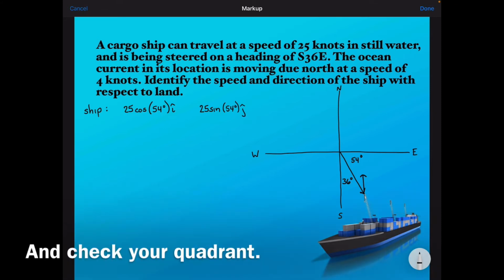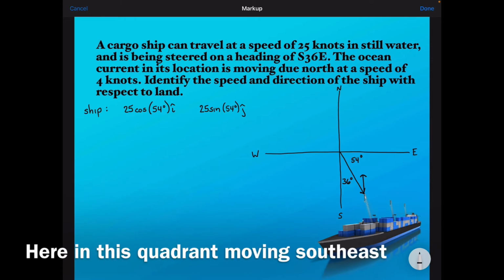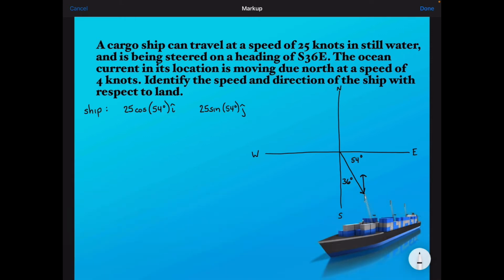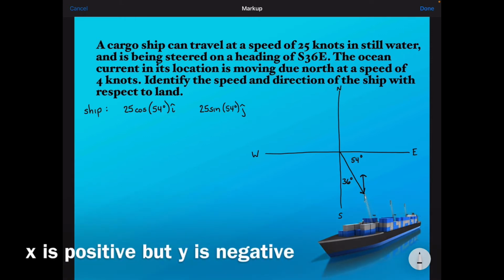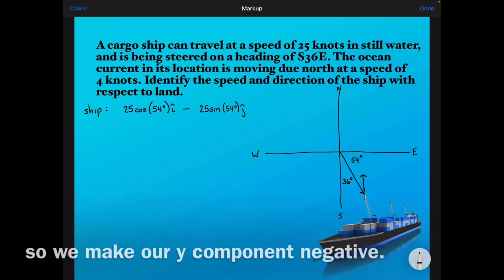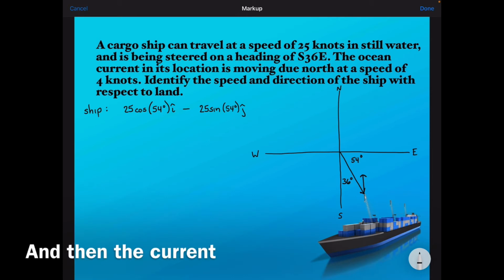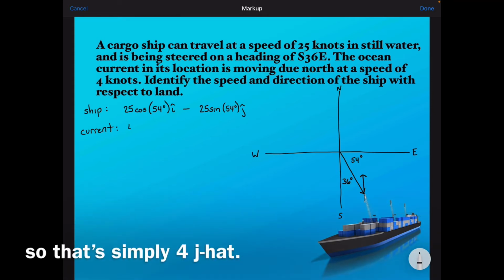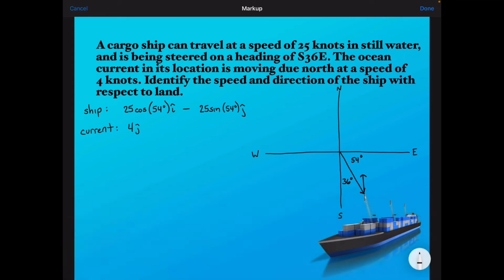And check your quadrant. In this quadrant here, moving southeast, x is positive, but y is negative. So we make our y component negative. And then the current is moving due north, so that's simply 4 j hat.